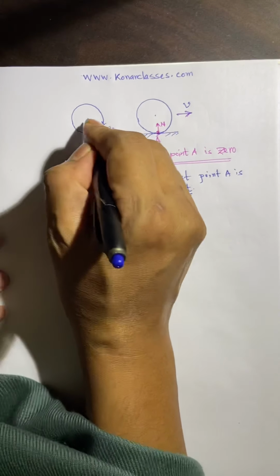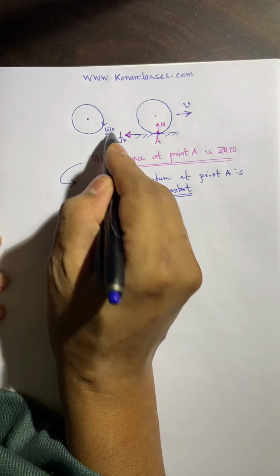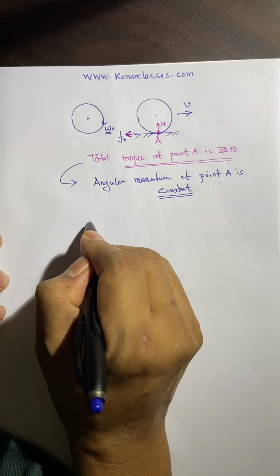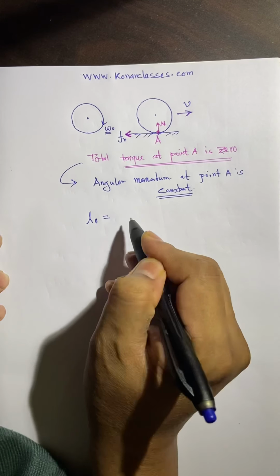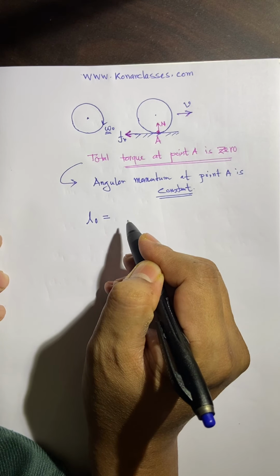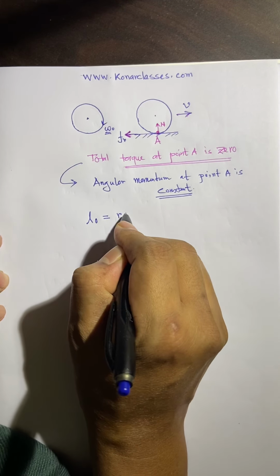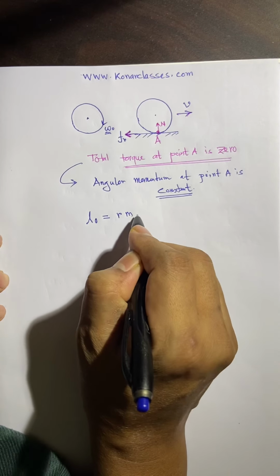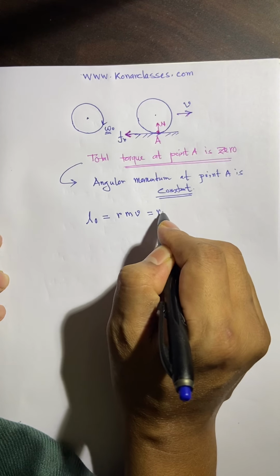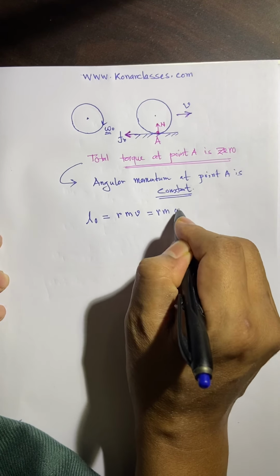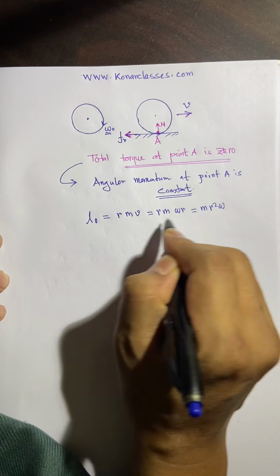Now when it was just rotating initially with angular velocity omega 0, at that time let's say the angular momentum L0 will be R m v, it is R m omega r, so it is coming m r square omega 0.